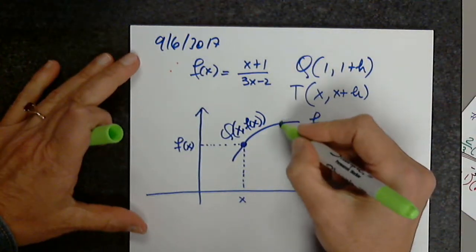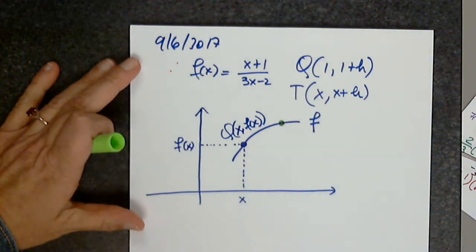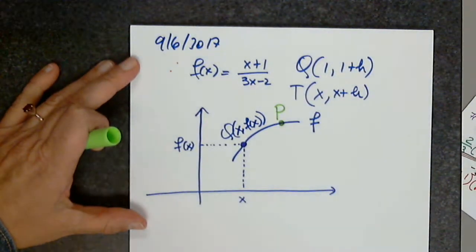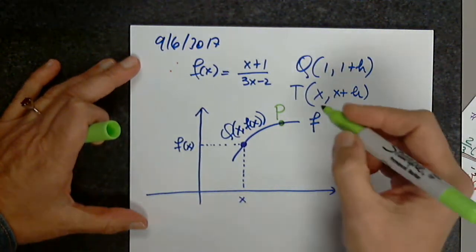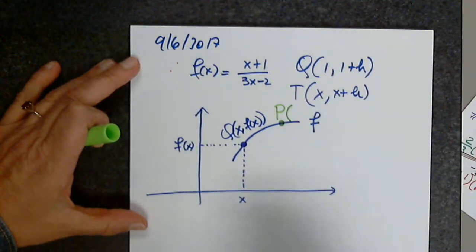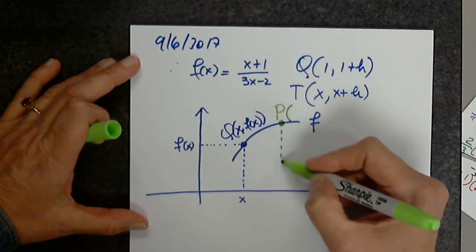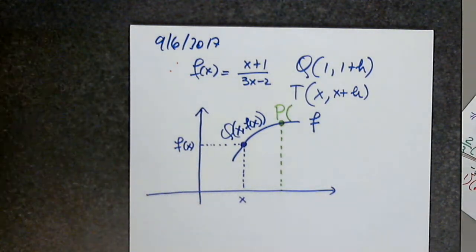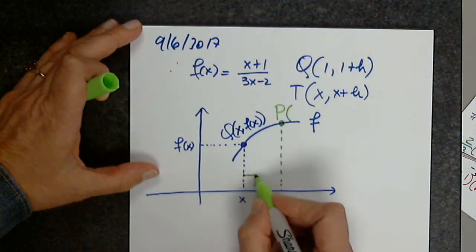Somewhere on the graph of this same function, let's say I have a point P. And this point P is very close. In my graph, it appears to be very far away from Q, but I'm going to say that it's very close.